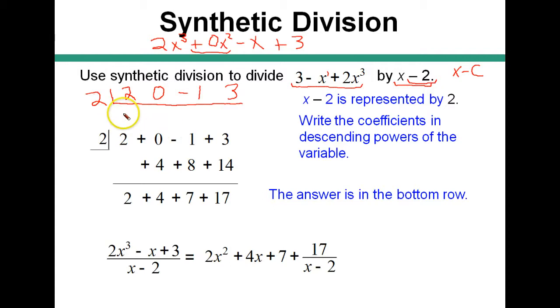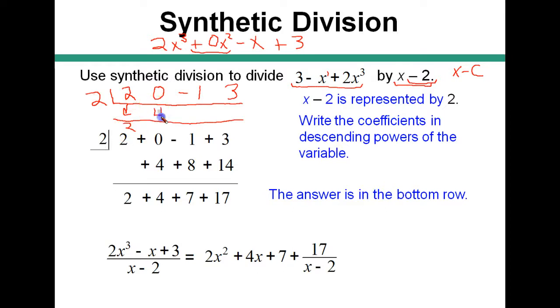Now the basic rule is we take the 2, going to put another line here. We take the 2 directly down and we put it there. And we go 2 times 2 is 4.